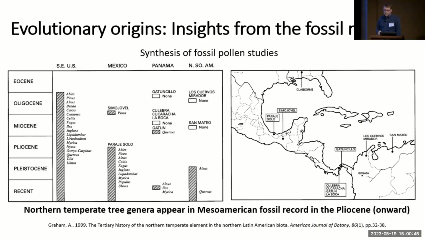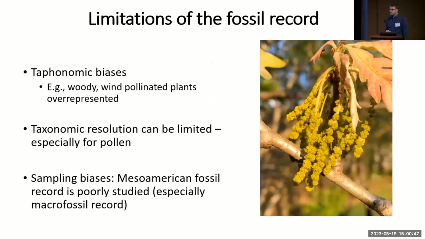But it's important to point out that there are a lot of limitations to the fossil record. One of those is taphonomic biases. All the taxa that were just listed on that previous slide, and as I mentioned earlier, this disjunction includes herbs, not just wind pollinated things, but also insect pollinated things.